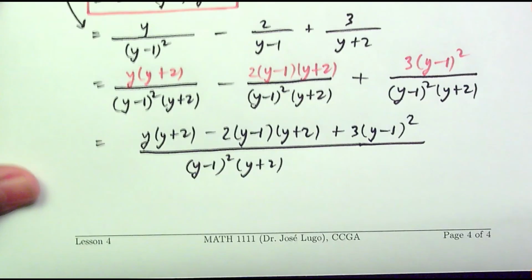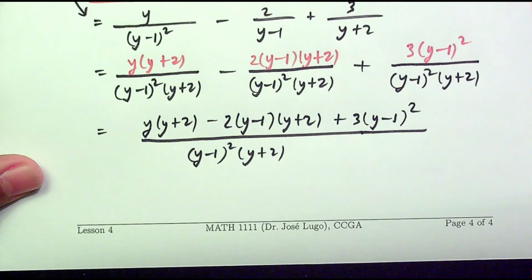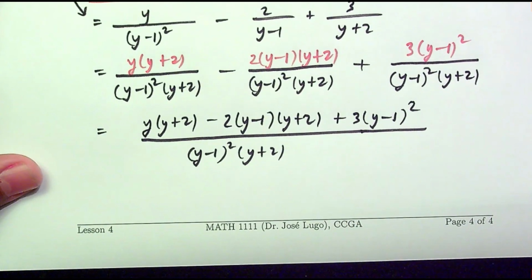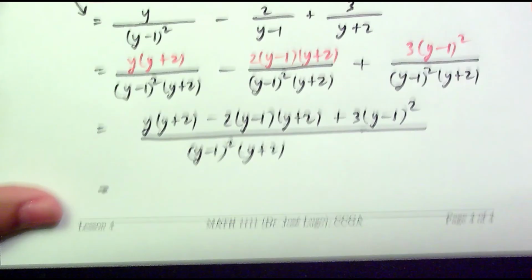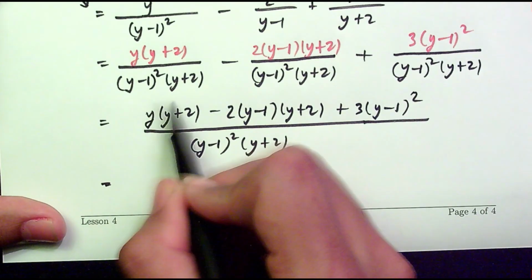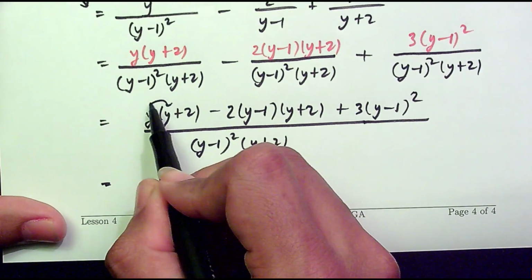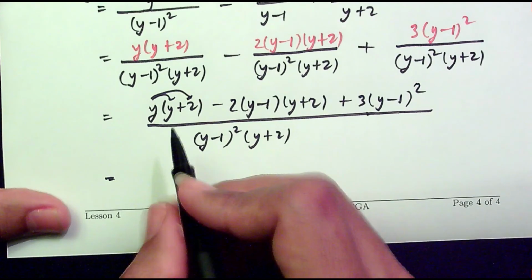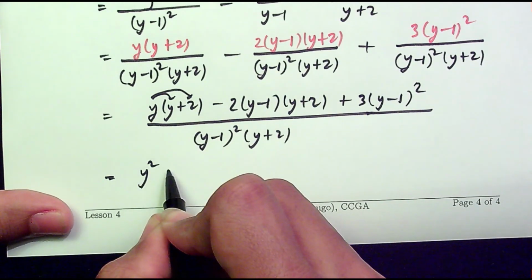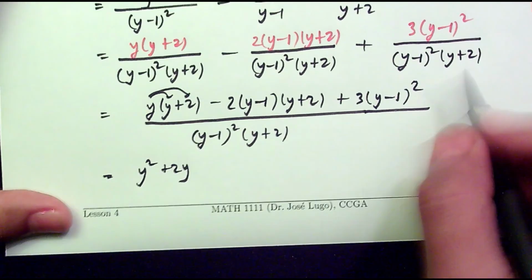As long as you're careful, that's not really hard. It's just multiplying polynomials. So let's distribute here. This is y times y, and then y times 2. This is y squared plus 2y.